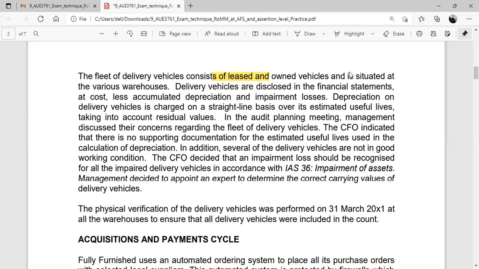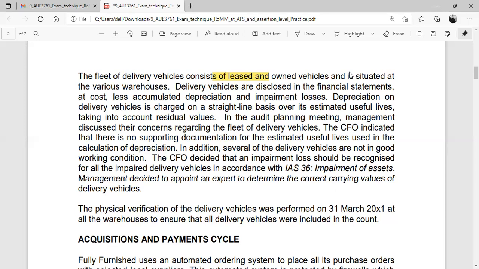What about rights? Tell me, is it rights or is it occurrence that would be affected here, and why? And I'm asking this in relation to the leased delivery vehicles.